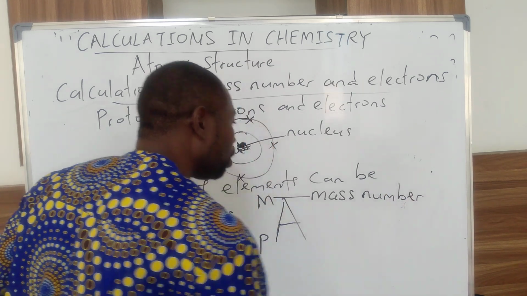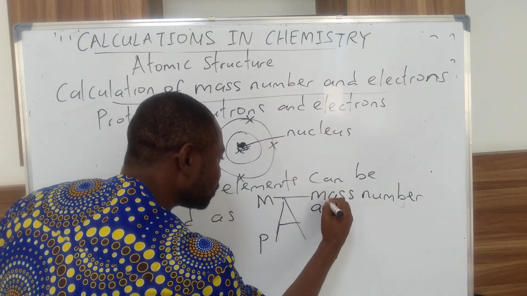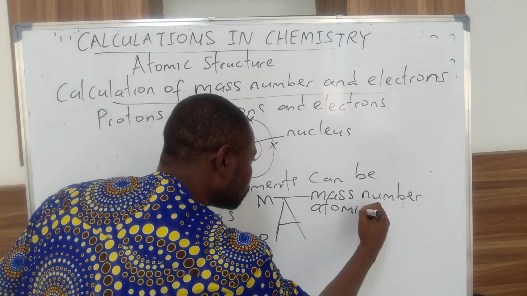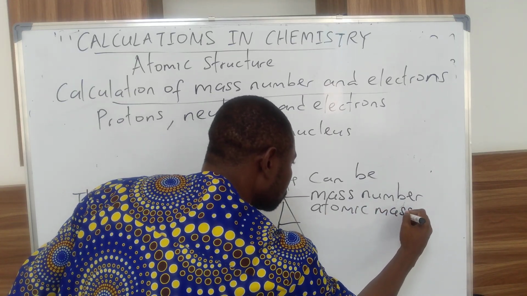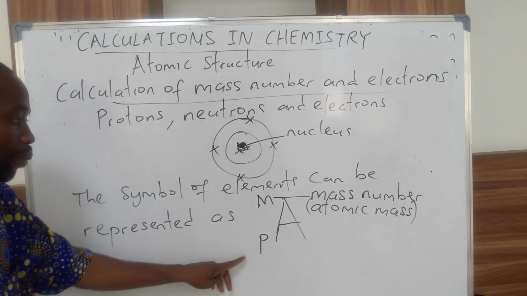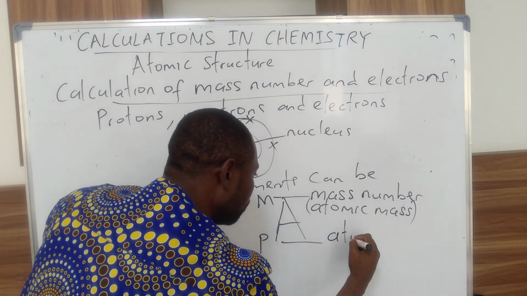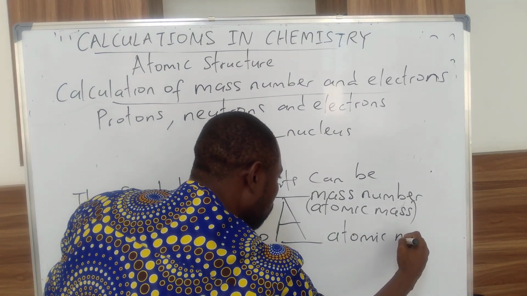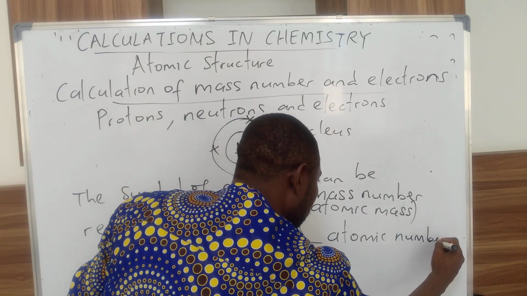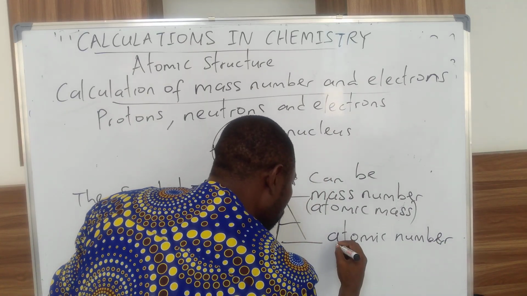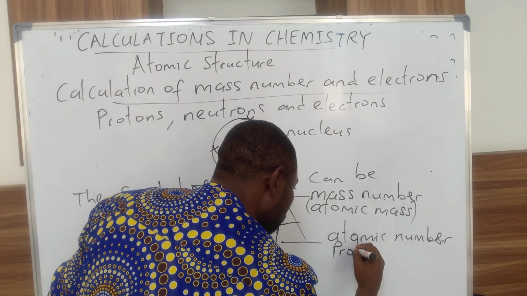Call it mass number or atomic mass, it is the same thing. The number that is down is what we call the atomic number, or proton number.